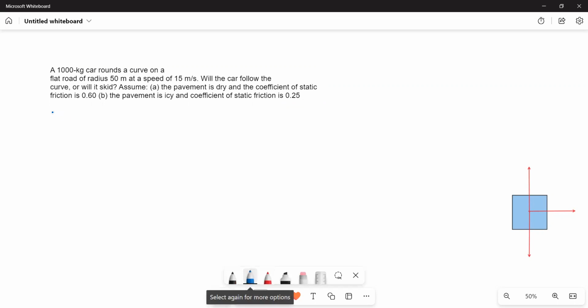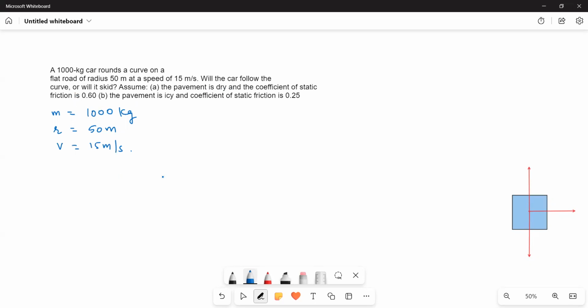Here the mass of the car is given as 1000 kilograms, the radius of the road is 50 meters, and the speed is 15 meters per second. He is asking us whether the car will follow the curve.